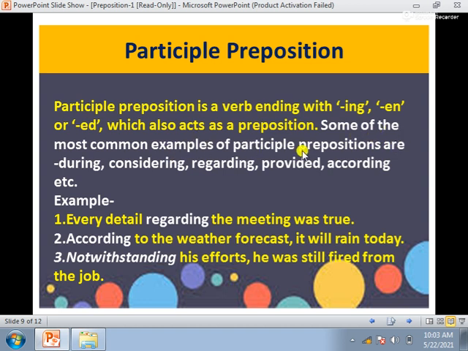Some of the most common examples are during, considering, regarding, provided, according, etc. Every detail regarding the meeting was true. So this is the participle preposition. According to the weather forecast, it will rain today. According is the participle preposition. Notwithstanding his efforts, he was still fired from the job. This is working as a participle preposition.